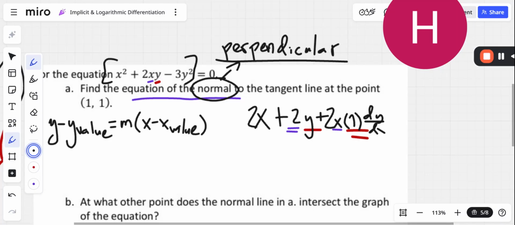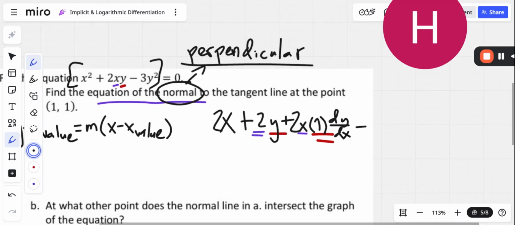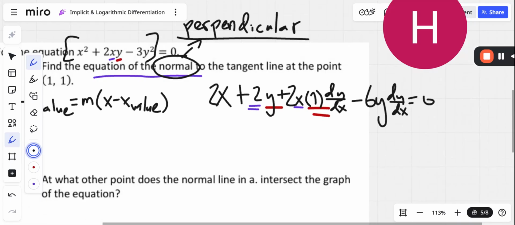Okay? And then the last term, negative 6y, we just do the power rule, but you have to attach this dy/dx. Okay, great. So let's move everything with dy/dx onto one side only. I guess I can leave it on this side, and we'll take it out. So let's take out the dy/dx from the left side, and we should have 2x minus 6y.